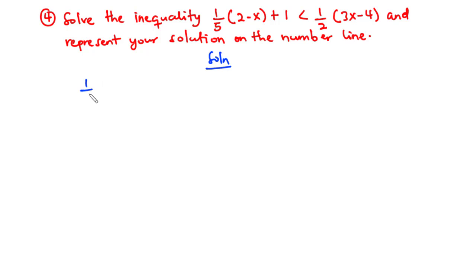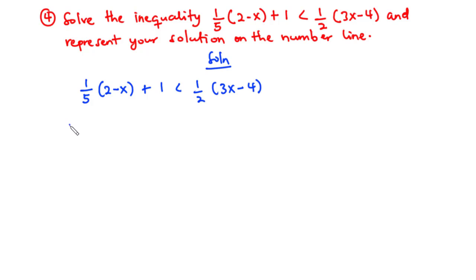Now we have the denominators to be 2 and then 5, and so we need to find the LCM and then multiply each term of the linear inequality by the LCM. Now the LCM between 5 and 2 is 10, so we multiply each of the terms by 10.